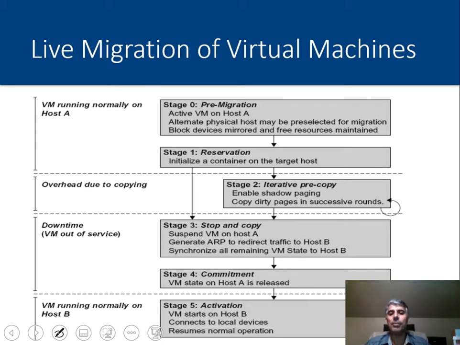In the first step, we create and initialize the space on the target machine. Let's say in this case on host B, we reserve all the memory required for copying and all these things. So in the next step, the copy operation starts. Please note that we are transferring the virtual machine.